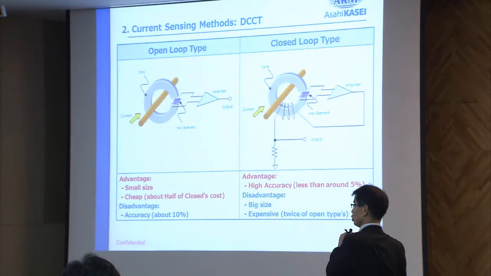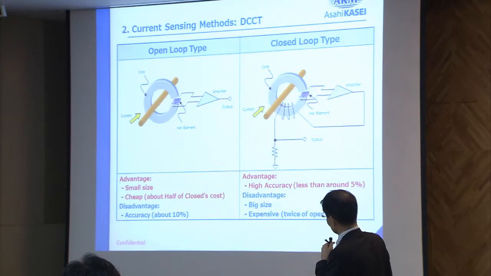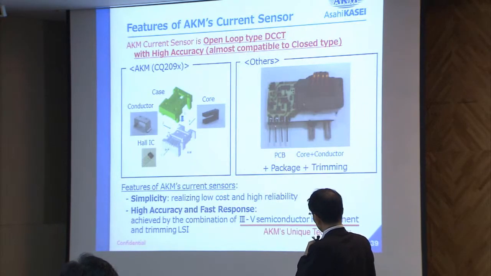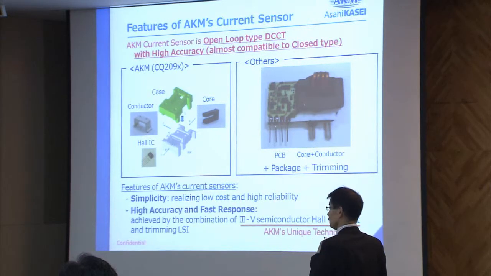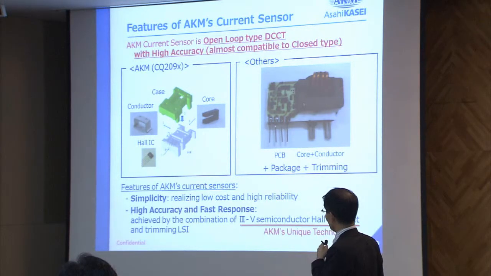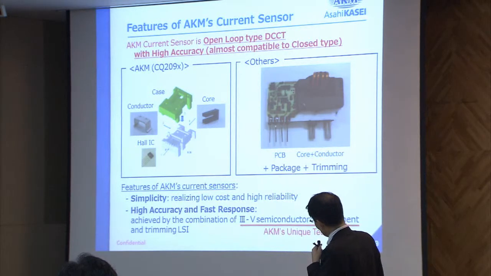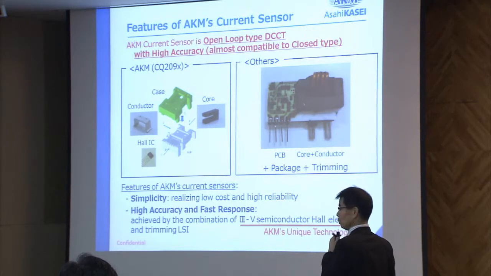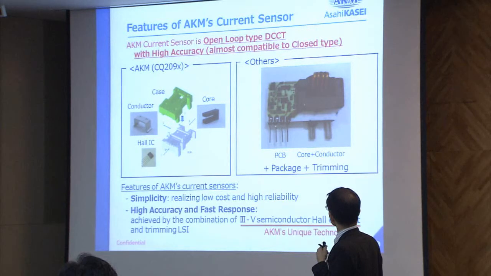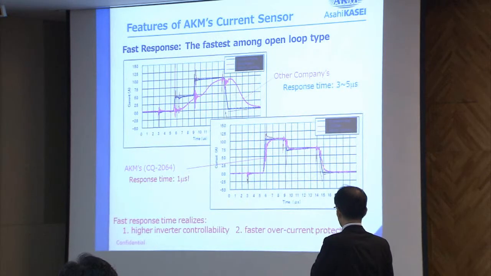Our solution is the open loop type. It has the advantage of small size and good price. And this shows our current sensor's construction. Our current sensor is very simple, with only 5 parts, and no adhesion is needed for the assembly process.